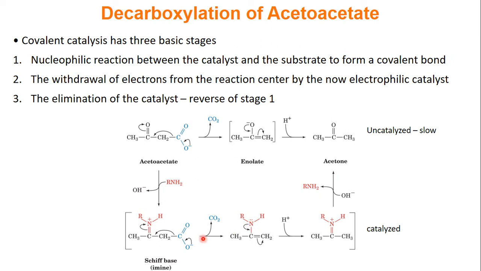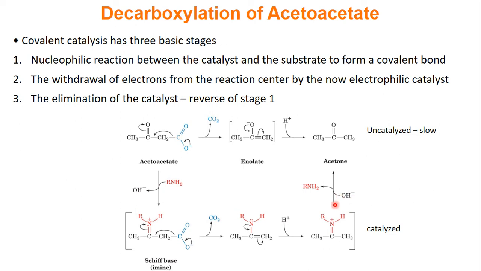Then, once our CO2 leaves, then the nitrogen can come back down. We're going to get rid of this carbon-carbon double bond. We also have a hydrogen coming in to make this CH2 a CH3. Then, the next step is we have to get rid of this catalyst. So usually water is going to be doing this step.